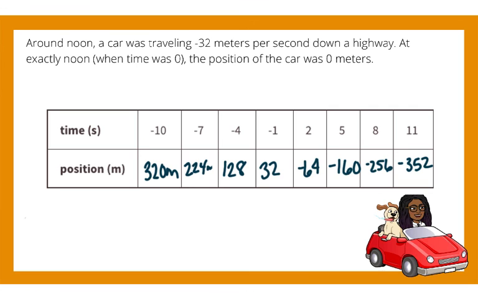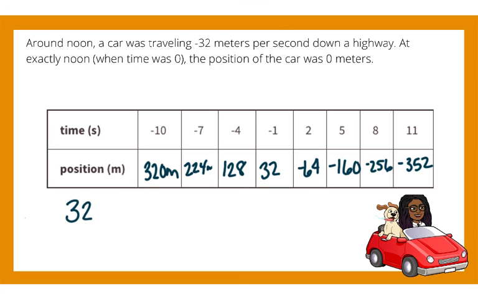Now, how can we relate this to division? The same way that we were able to use our velocity and our time to calculate our position, if we had known our position and let's say our time, we could calculate our velocity. So take, for example, our position at negative 10 seconds.